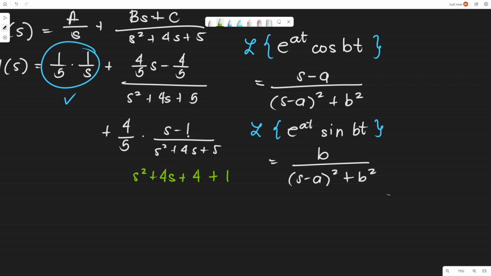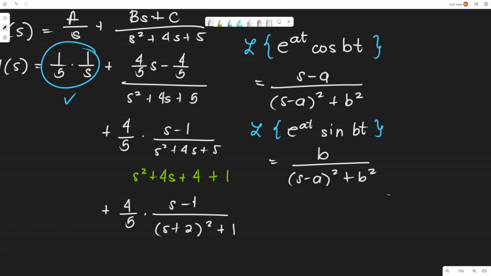Okay? So, therefore, yung bagong denominator ninyo dito sa baba is we have plus 4 over 5 times (s minus 1) over ((s plus 2) quantity squared plus 1). Okay, pwede yun. Okay, now, yung baba, medyo nandito na, no? Nakuha na natin yung form natin dun sa baba. Paano yun sa taas?